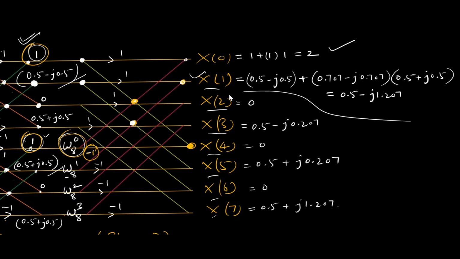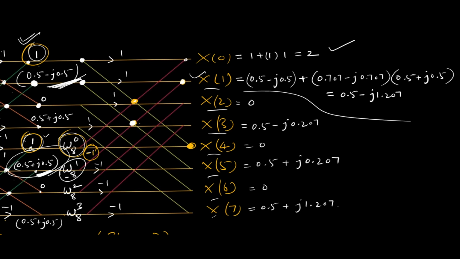Like for X1, the inputs for this butterfly are from the second one. The first input is 0.5 minus iota 0.5, and the second input is 0.5 plus iota 0.5, and the twiddle factor we have to consider is W8 to the power 1.